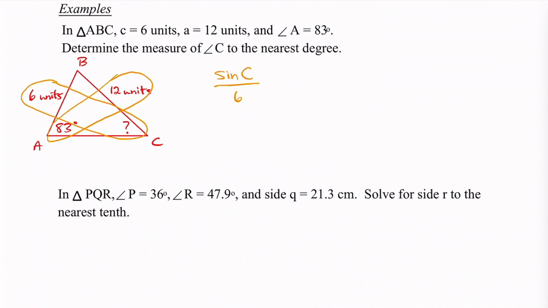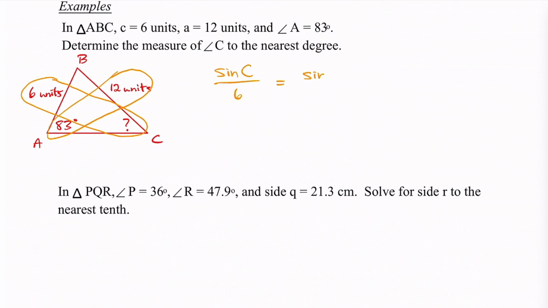So sine C over 6. And this has to equal, then I'm going to put sine of A, so it was 83, over the one across from it, which was 12. Okay, so there's our sine law set up.